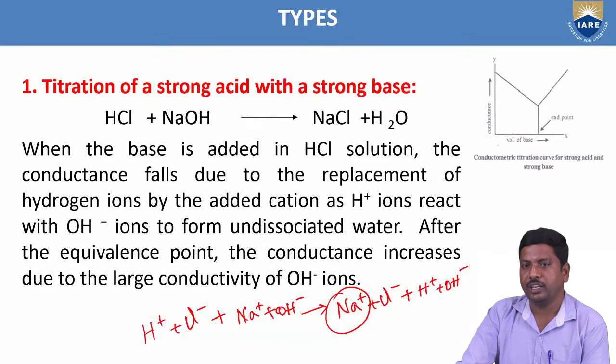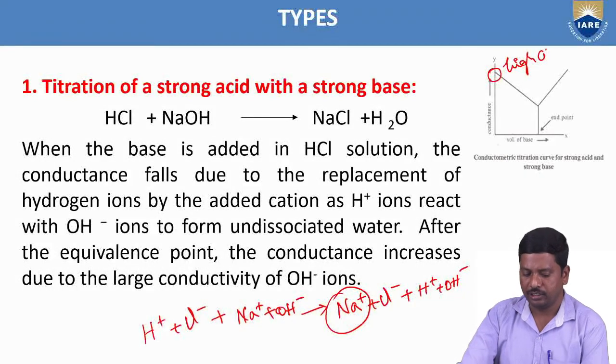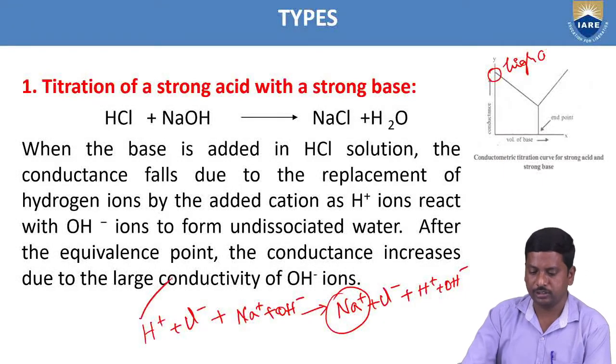In the periodic table, what are the periodic properties? As we move from top to bottom of the group, the size increases. When size increases, the mobility decreases. That's why initially in the graph, it starts with high conductivity due to the presence of H plus ions.